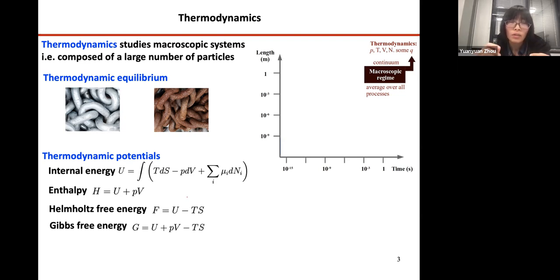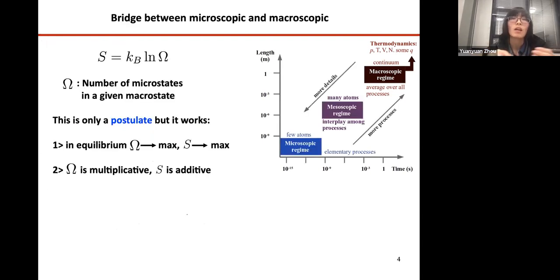But classical thermodynamics can only describe the macro effects, and it ignores the individual molecular processes. The bridge between the microscopic level and the macroscopic level was made when Ludwig Boltzmann first proposed a statistical explanation of the second law of thermodynamics and provided the entropy definition S equals kB times logarithm omega. kB here is the Boltzmann constant.